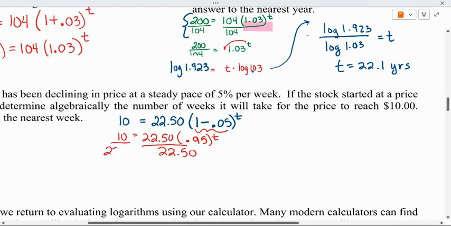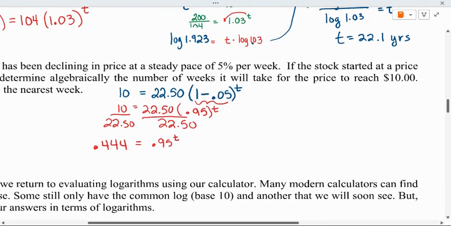Tell me what you get as a decimal. Let's do 3 decimal places. Divided by 22.50, so 0.444. We're just going to leave it like that. Equals 0.95 to the power of t.